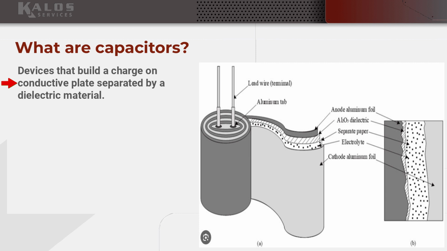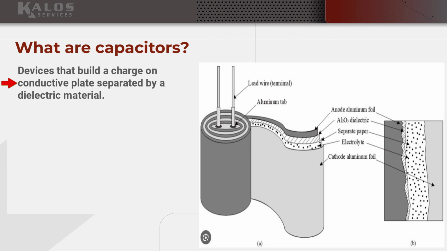But basically, a capacitor is a device that builds a charge on conductive plates that are separated by a dielectric material. So we have a charge that's going to build on a plate that's going to be positively charged, and as that charge is building, you have positive charges on one plate that are pushing away a negative charge on the negative plate.